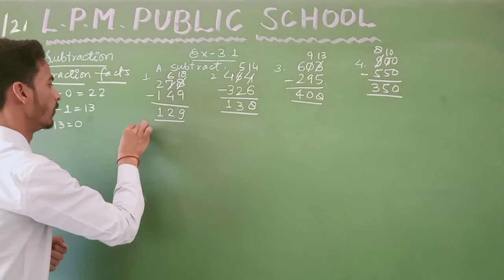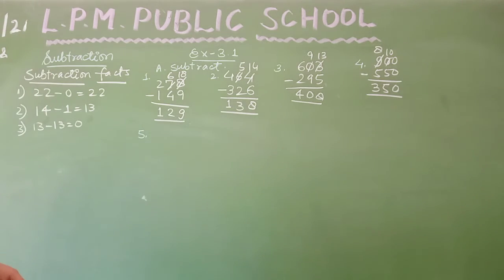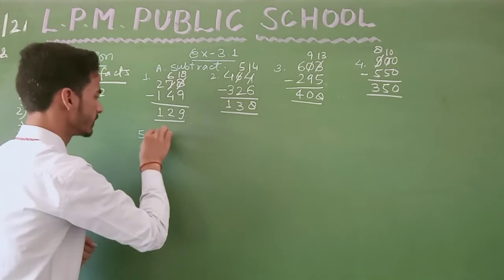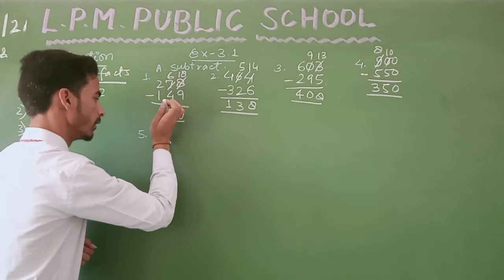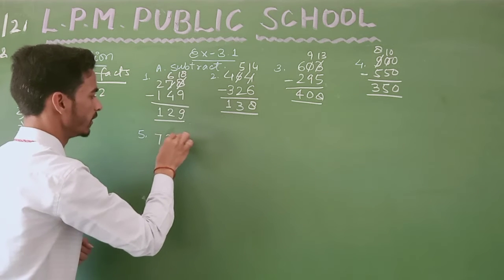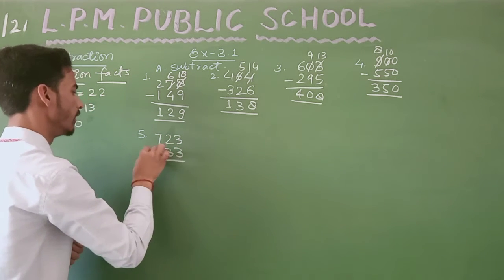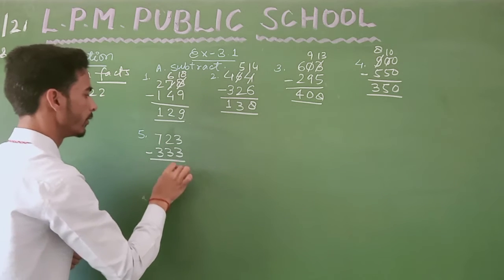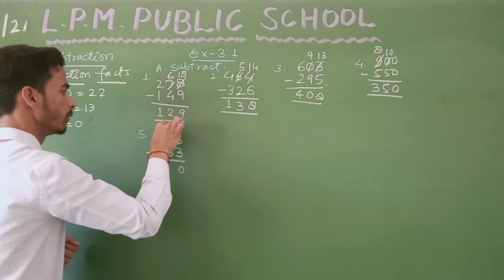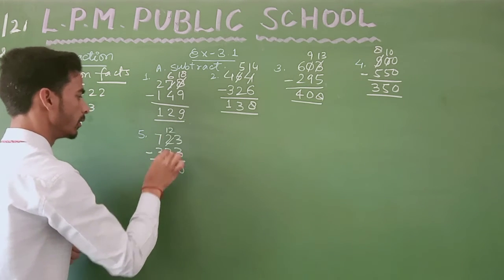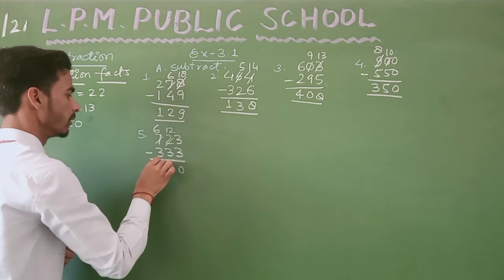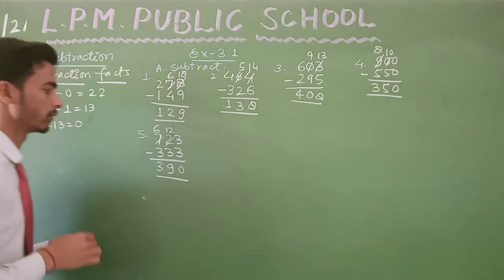Now question number 5 is 726 minus 332. 3 minus 3 is 0, and 12 minus 3, 9, and 6 minus 3, so 390.